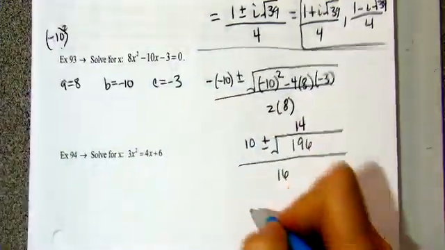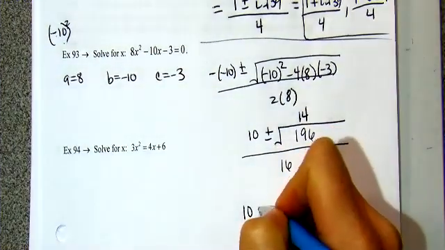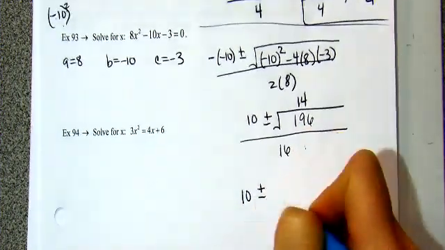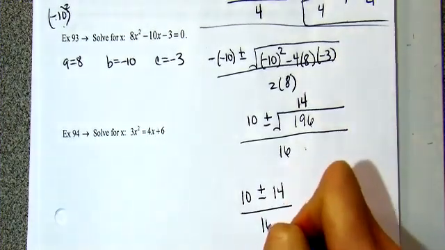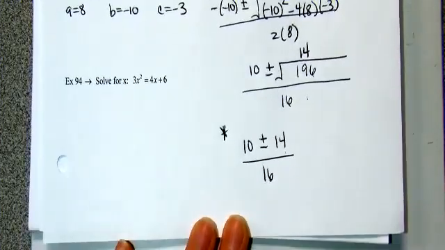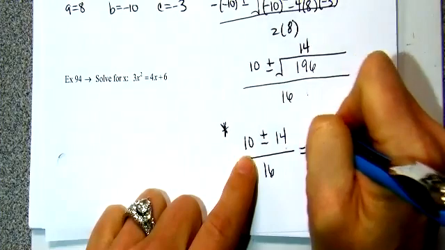We didn't have a radical, so this is an example where you actually get two nice, different numbers. So I'm going to go ahead and write it as one thing like we have before, 10 plus or minus 14 over 16. So hopefully what you notice here is that they're all just numbers. There's not a radical. So let's pull it apart and solve it.